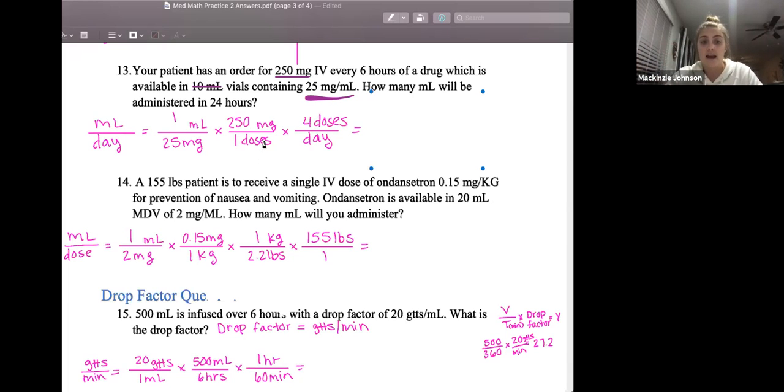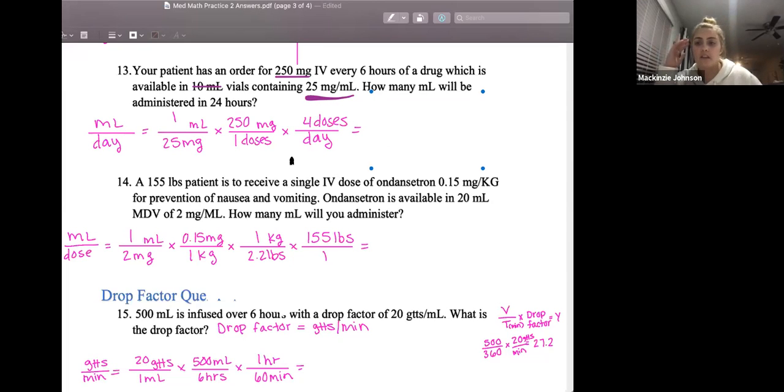So you'll add that. If you have your 1 dose, and this is why it's helpful to put it over dose, or you could just leave it blank, but you have your thing set up and then you'll put, okay, I know it's going to be 4 doses over day. You are able to incorporate the 6-hour conversion, but it does just make it a lot longer.